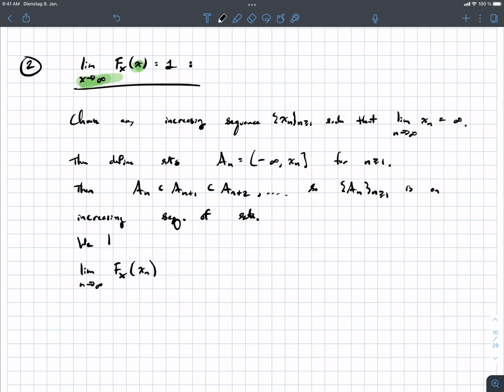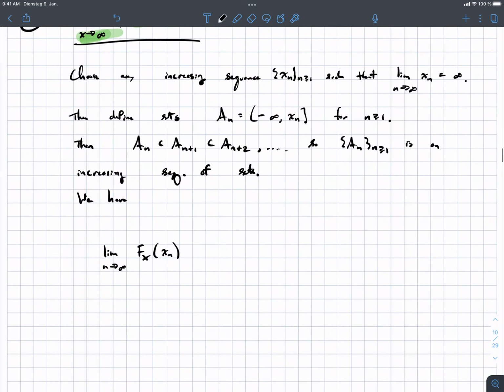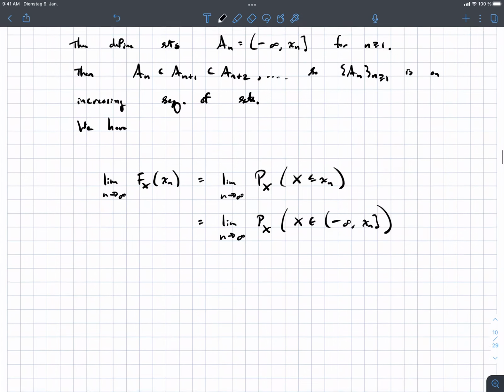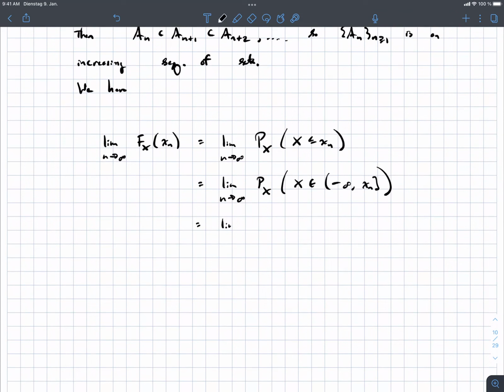Okay, so what do we do? This limit is equal to the limit as n goes to infinity of the probability that x is less than or equal to little xn. So this is like x belonging to the set An, and that is how we've defined our set An.